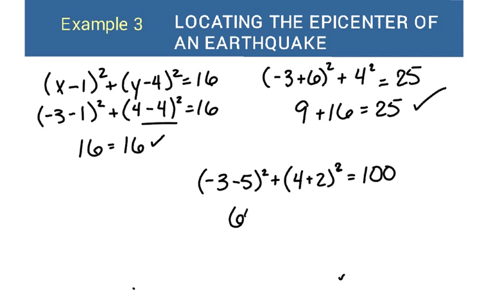Well, this is 64, this is 36, which does equal 100. So there we go. We just checked that all 3 of these equations have a point in common, (-3, 4). So this does mean that (-3, 4) is the epicenter.